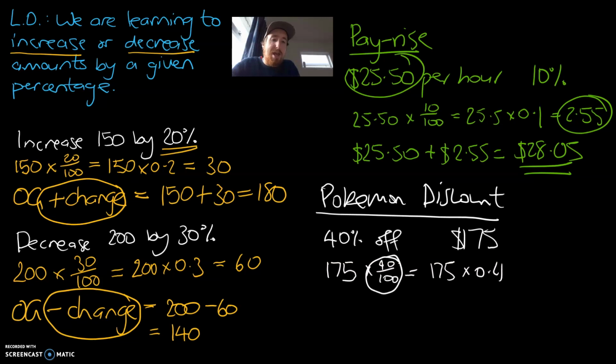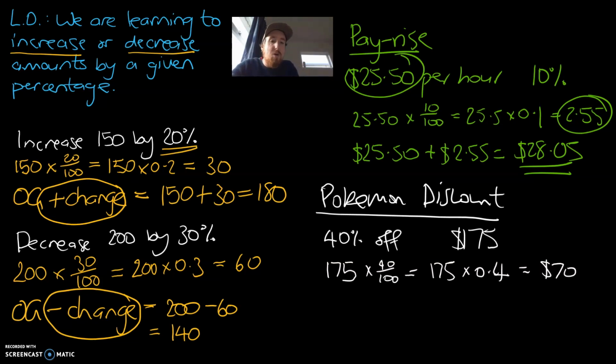You can use your calculator to double check that. 175 times 0.4 is going to come to $70. So I'm going to save $70 from this purchase of Pokemon cards at Farmers.